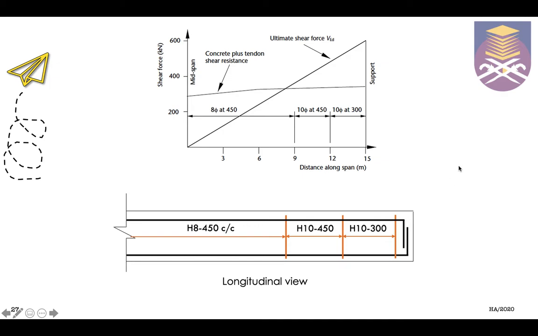As for the arrangement of the shear reinforcements, considering all the locations that we have already calculated, we can see that the shear reinforcement that has been designed is placed near the support, which is H10 300. This is near the support, where the shear force is maximum.